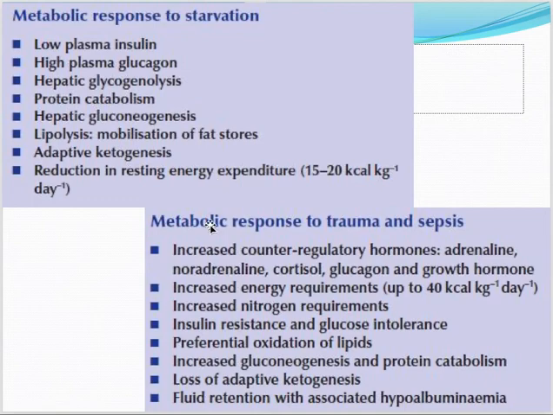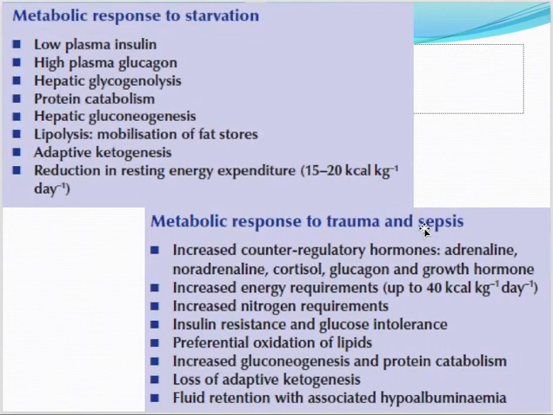If you see over here, these are the metabolic responses to trauma and sepsis. We know what is trauma, we know what is sepsis, right? And now, surgery is a type of trauma as well, and many surgical patients may have sepsis.